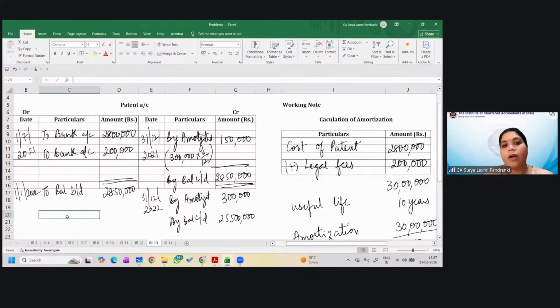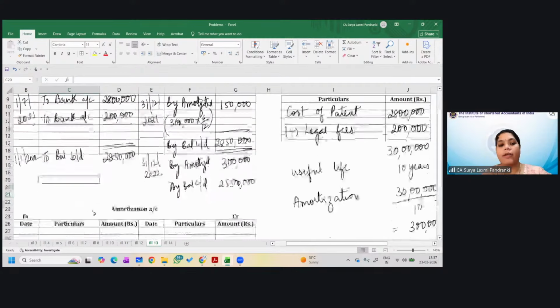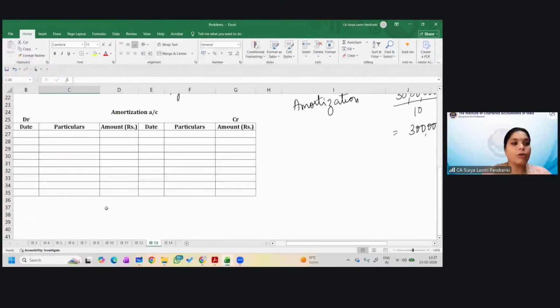When you purchase, you will record it on the debit side. When you are providing amortization, you will provide it on the credit side. And amortization account also will be same. You will write to patent account 1,50,000 and by P&L account 1,50,000.